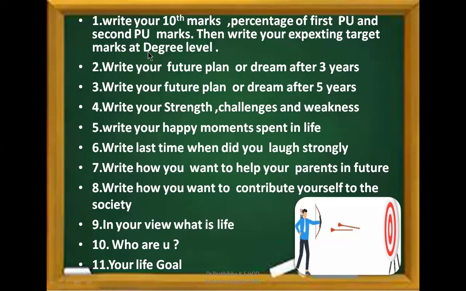Write the percentage of your first PU and second PU marks, then write the target marks you expect at degree level, first semester. Then write your future plan or dream after 3 years, and after 5 years. This should be your vision and mission. Write all your vision and mission so that you can reach the goal properly. If your goal setting is proper, then you can reach this particular target.